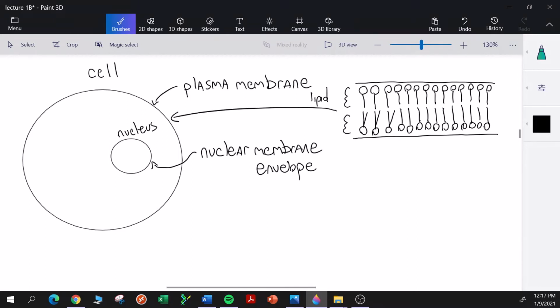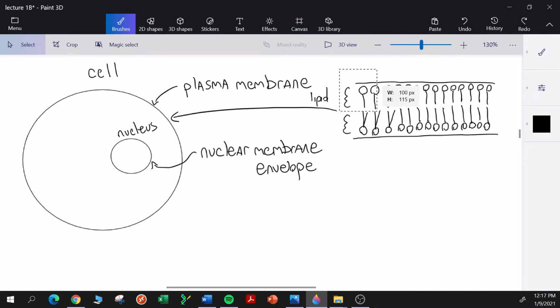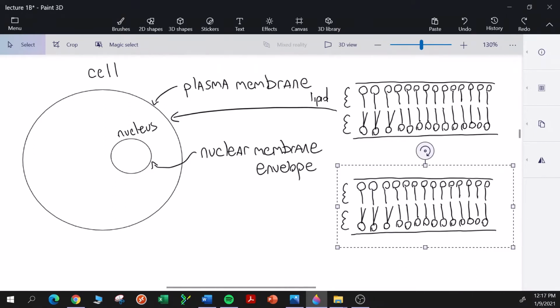Now, when we talk about the nuclear envelope, we're going to have two of these things right here. So instead of diagramming that, let's see if I can copy and paste. Oh, that worked.